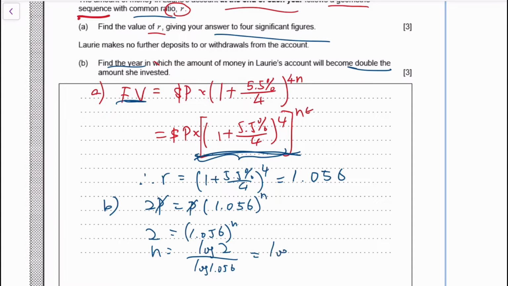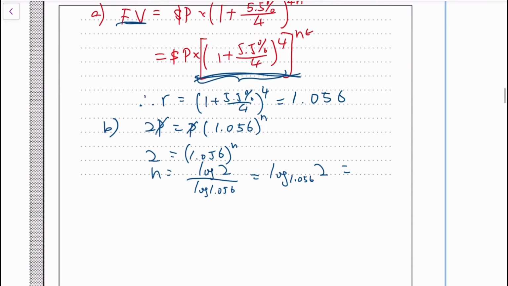Some of you might even do it as this. They're the same, change of base formula. So what would that value be? Log 2 over log 1.056 is 12.7. Therefore, it takes 13 years.